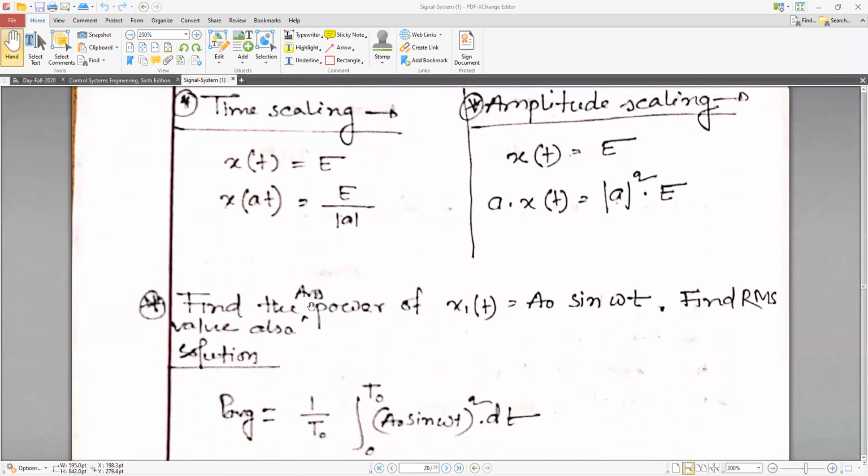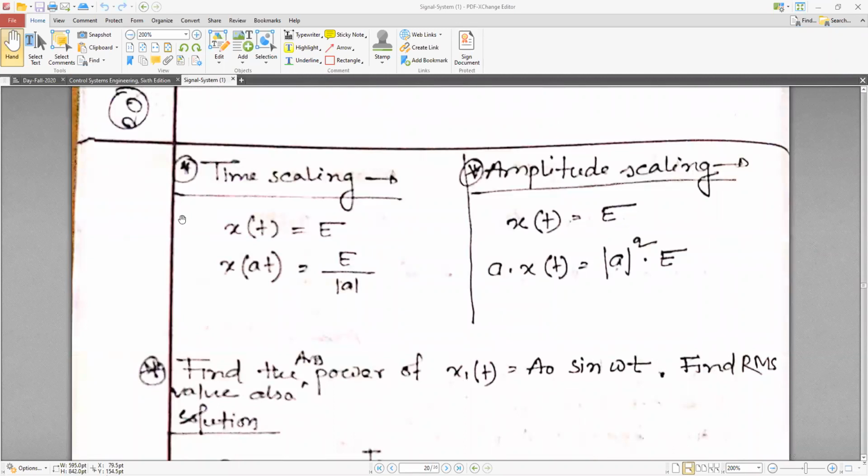Now time scaling. What is time scaling? See, x(t) is equal to x(at), and amplitude scaling is a x(t). So remember the formula, time scaling as well as amplitude scaling.